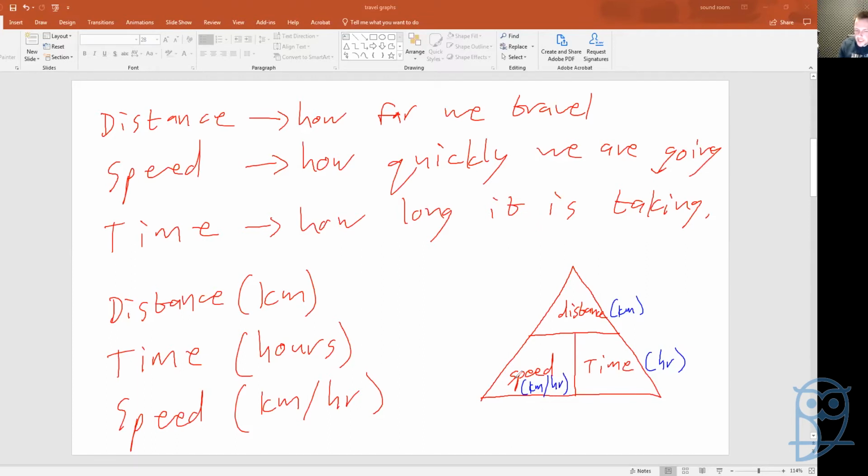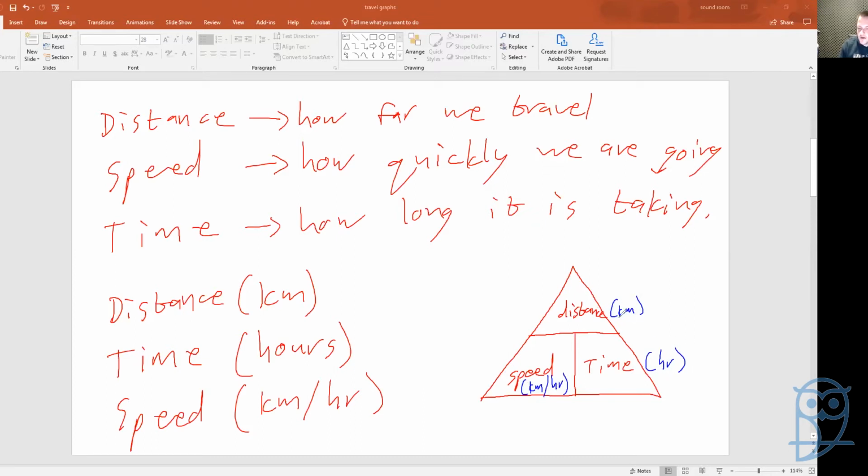So if I want to calculate speed, I'm taking distance divided by time. In other words, the amount of kilometers over the amount of hours, being kilometers over hours. So the units actually give away what your calculation is going to be. To calculate kilometers, I take kilometers over hours, and I then times by hours. The hours cancel, and I'm left with kilometers.